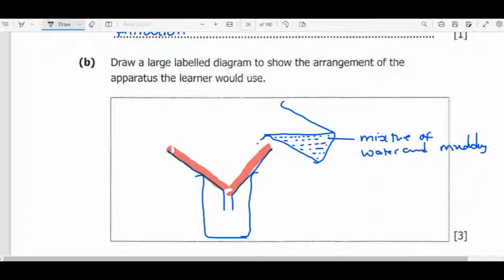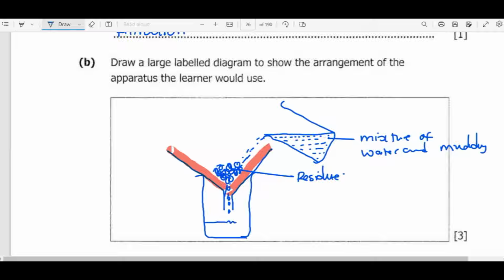Then here we are expecting that the mud will remain here since these are large particles in solid state, so these will be considered as residue. Then what are we going to have?